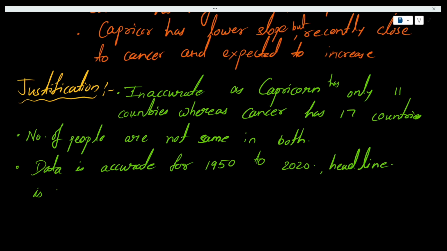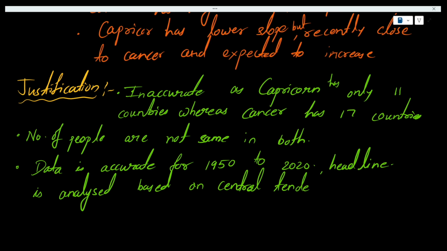The headline is analyzed based on central tendencies, which are mean, median, mode, and dispersion. Based on that, the data is accurate because you are taking only the first 70 years.